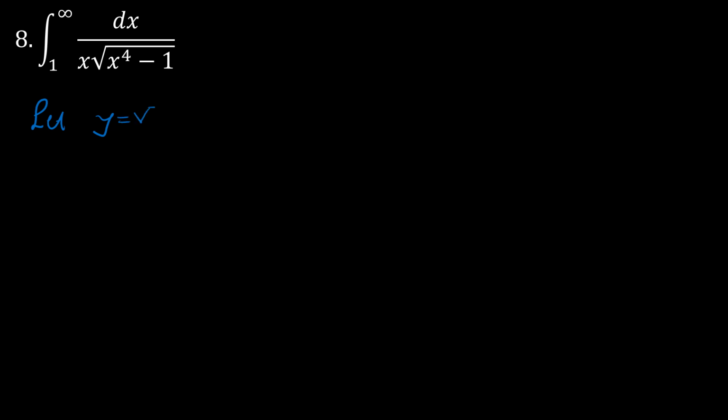So with problem number 8, which is the definite integral from x equals 1 to x tending to infinity of 1 over x times the square root of x to the power 4 minus 1. The first thing I'll do is let y be equal to the square root of x to the power 4 minus 1. So what this means is that y squared is equal to x to the power 4 minus 1.